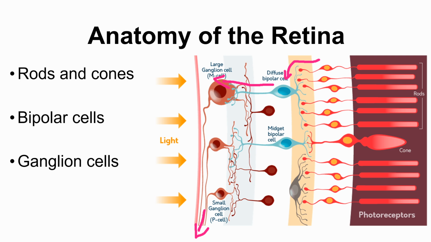And you might notice here that we can see what I talked about earlier, that low-level processing is happening at this level of the bipolar cells. So here we have 6 different rods, and they're all being fed into a single bipolar cell.